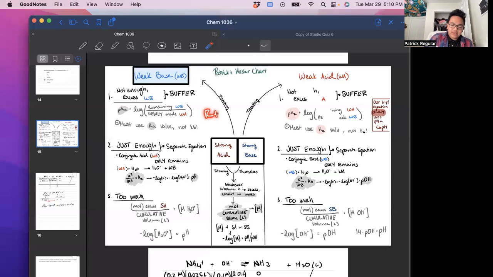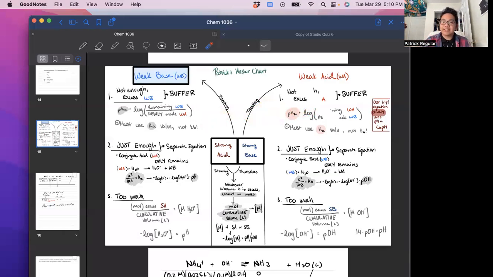You have your reactant, strong acid plus weak base, you have your conjugate acid and then H2O. Well, if these are out of the picture because they're completely reacted, all you have left is conjugate acid. However, you don't stop there because you're thinking, conjugate acid, let me just use that molarity and put it in the negative log equation, solve for pH.